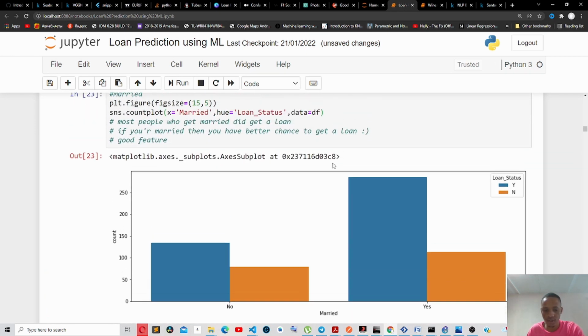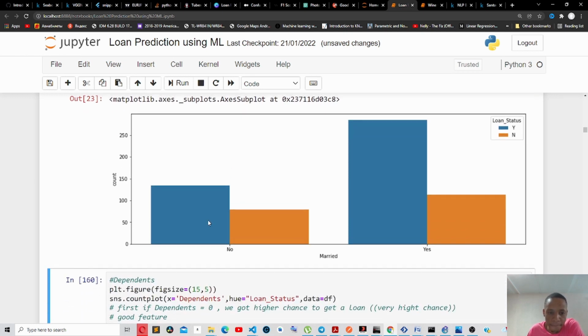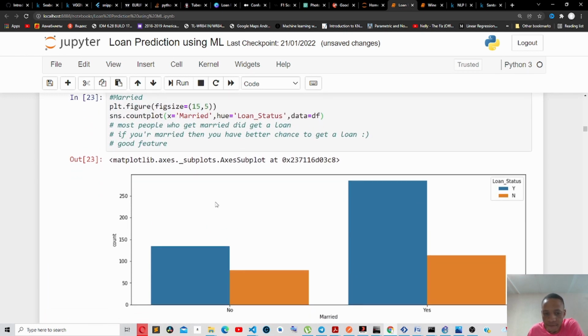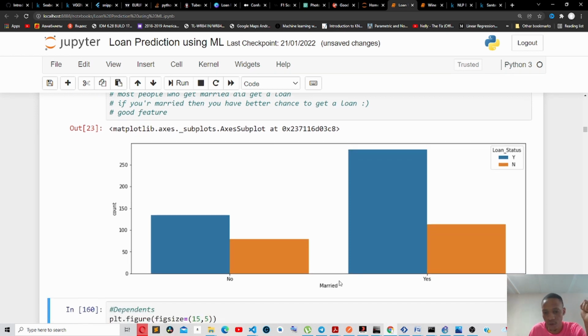As you can see from our data set, people who are married are more likely to get a loan than people who are not married.